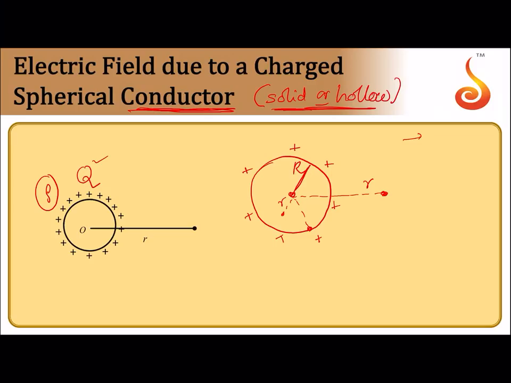What type of Gaussian surface? You notice that this has to be a concentric sphere. Good. So I have drawn a concentric sphere. Apologies for the very poor diagram here. So you got a spherical Gaussian surface. This is the Gaussian surface.